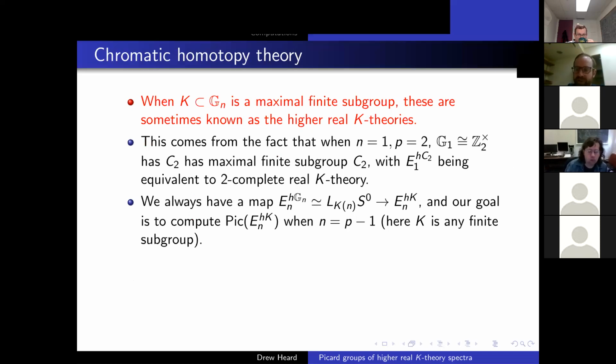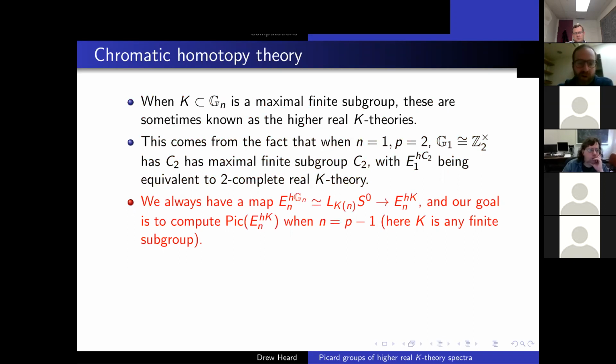This decomposes as a copy of the 2-adics cross Z/2, or C_2 as I wrote it here. So the maximal finite subgroup is just C_2. Then the homotopy fixed point spectrum is nothing other than 2-complete real K-theory. So when you go to higher heights, you take the maximal finite subgroups. It's natural to call these the higher real K-theories.